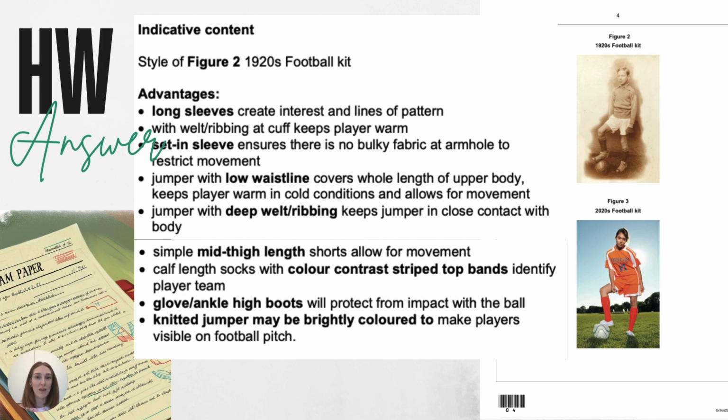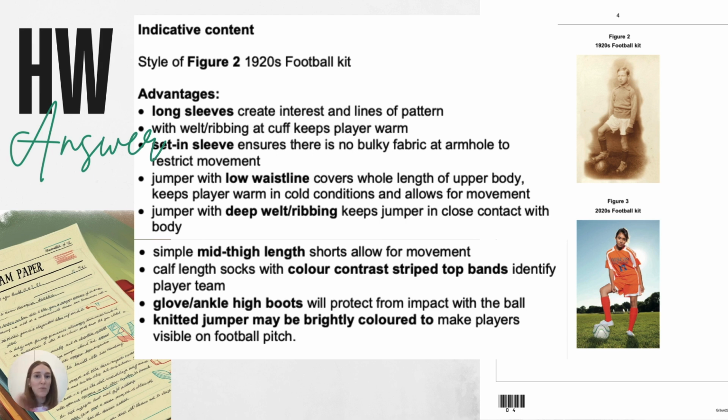Make sure you do state the obvious and also look in depth at the images. So really look closely. And although it's not a compare question, it's really useful to look at the differences. I think I said spot the difference between the two images, because those are the things that are good to talk about. So they're often the things that would be mentioned and that they're looking for.